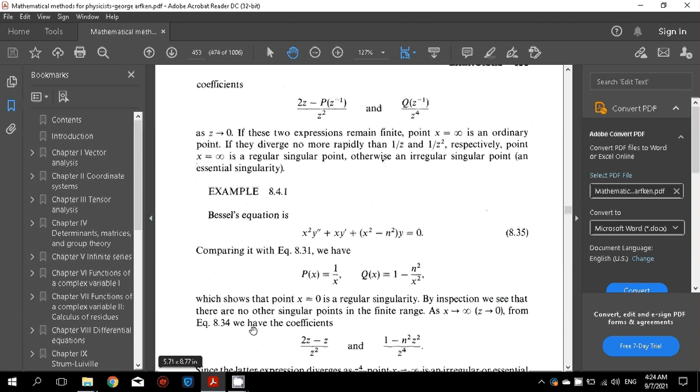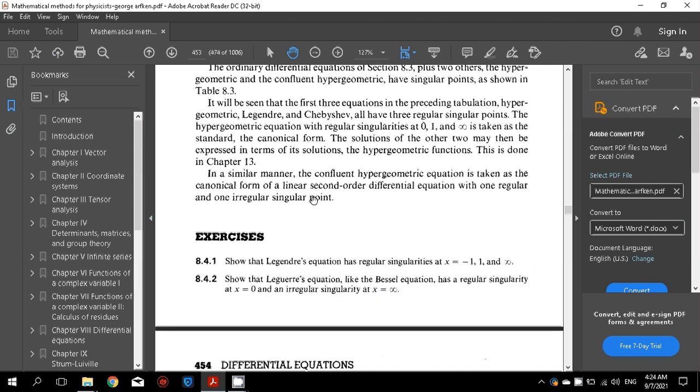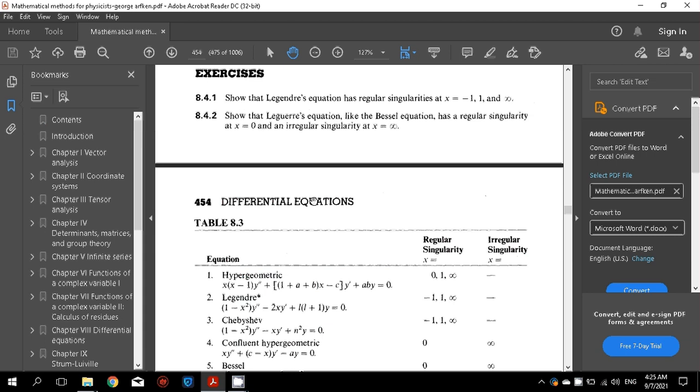And if you have to discuss the role of x tending to infinity, then as I told you, we will substitute x is equal to 1 over z, and then pz becomes equal to this, and qz becomes equal to this, and we have to see the role of the point z is equal to 0 in our differential equation, and then recognize what type of point we have.